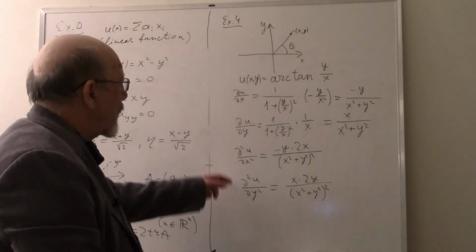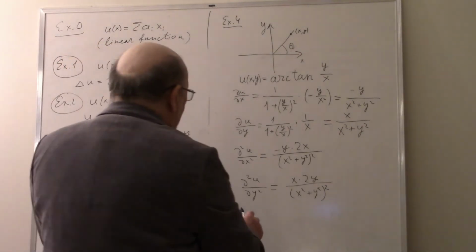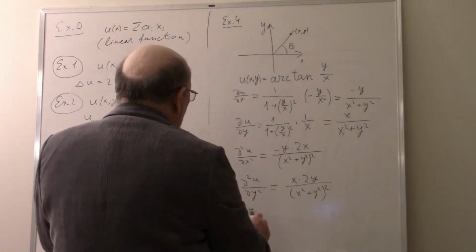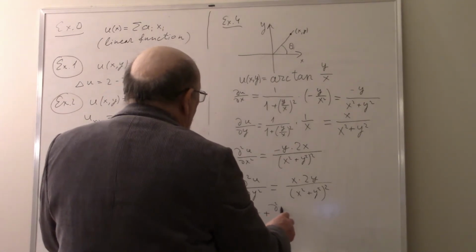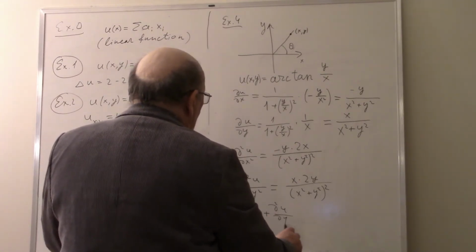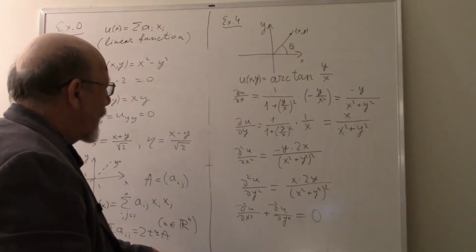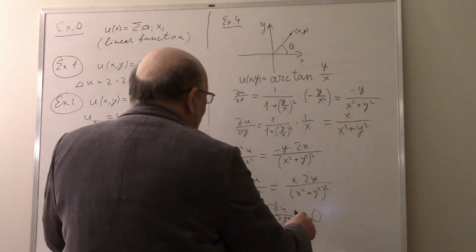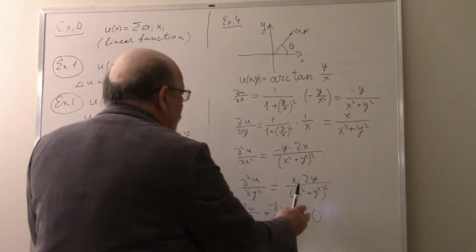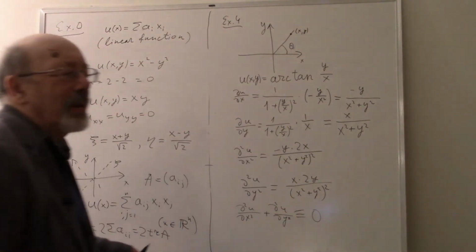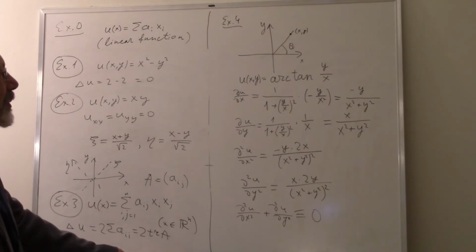Now if you add them together, we have d2u/dx squared plus d2u/dy squared equals 0. Yes? Identity. So this function is harmonic.